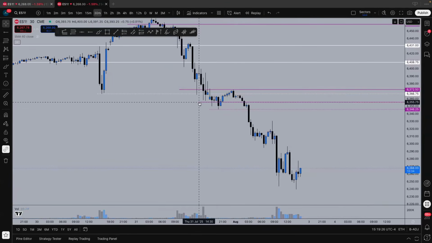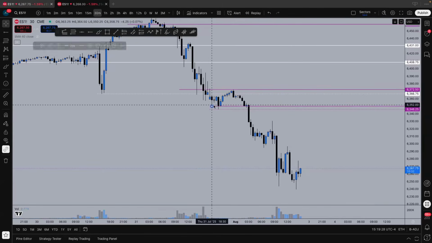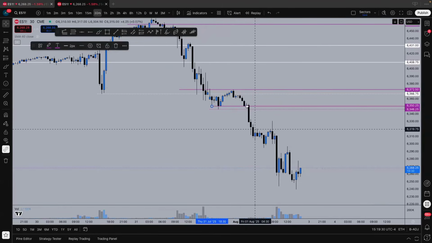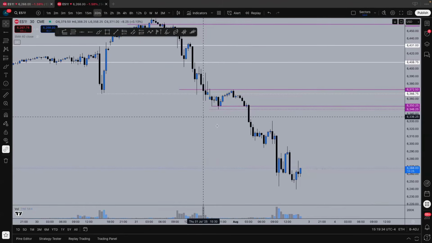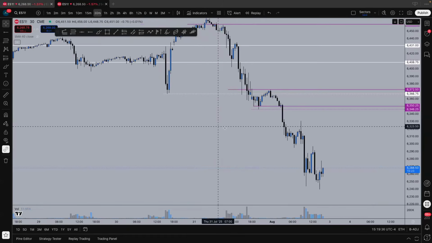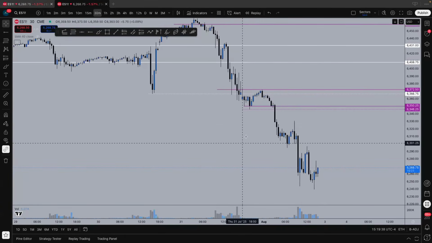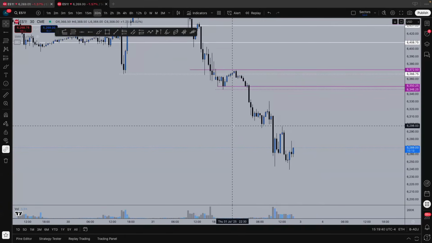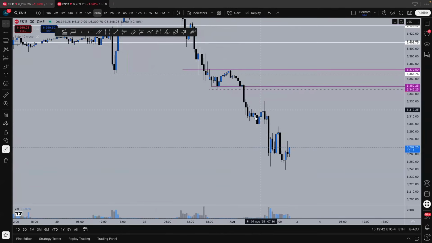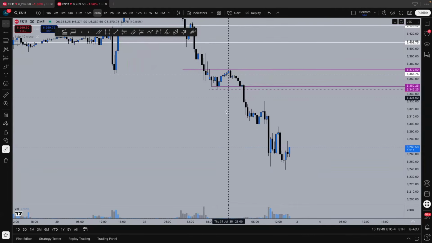So this I might change and have it more down here because this is where we really broke out from. You can see we consolidated and then broke down. So I'm going to make that a little bit like that. I like that better. And then we start to look down here. This consolidation's a little bit messy, but we can see we had this push up and then start to roll over and push down.